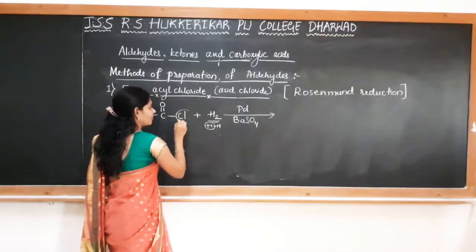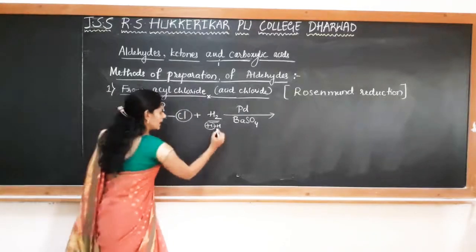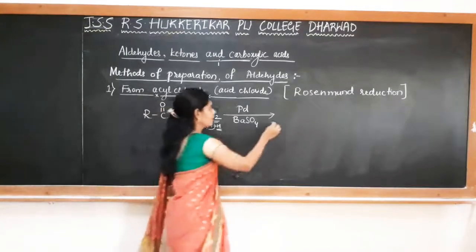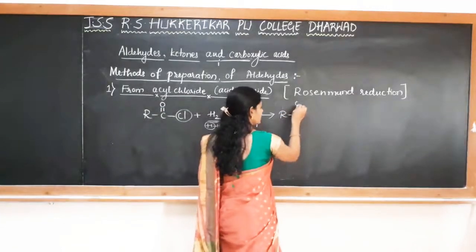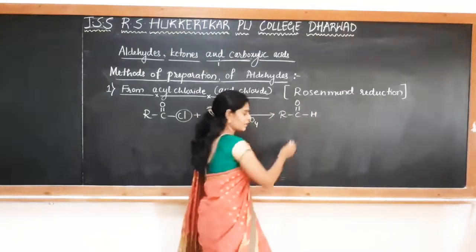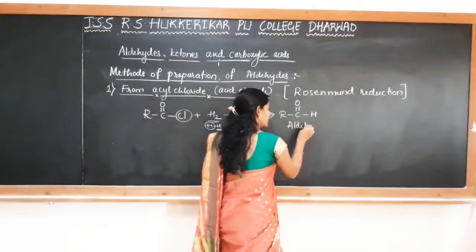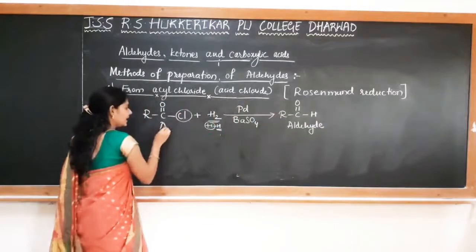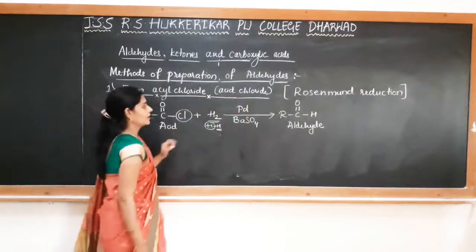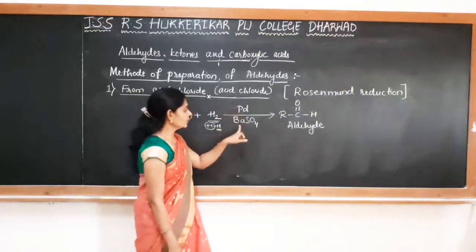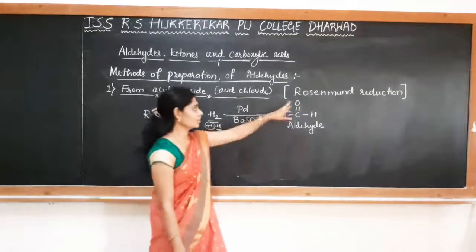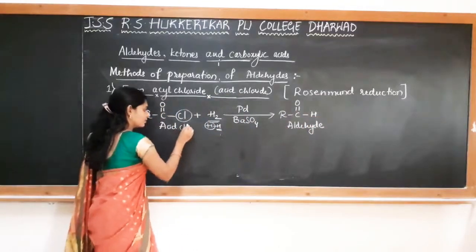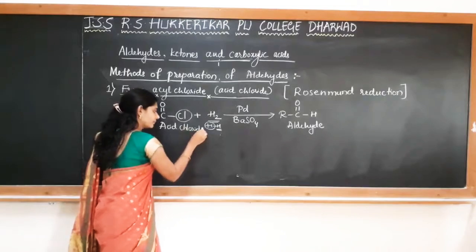One of them will combine with Cl to form HCl, and the other one goes in place of Cl. So we get the product RCHO, which is the aldehyde. This reduction of acid chloride to the aldehyde in presence of palladium catalyst supported over barium sulfate is known as the Rosenmund reduction. It's a named reaction, very important for the examination.